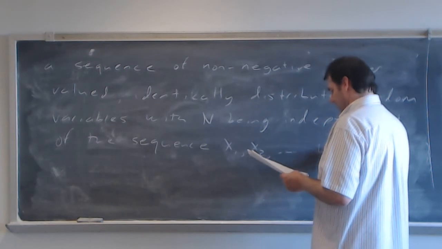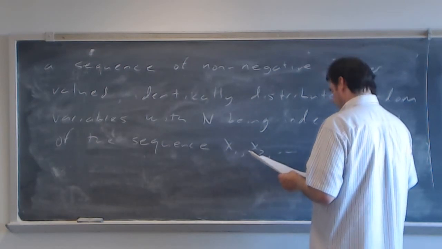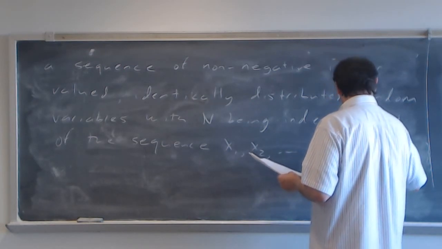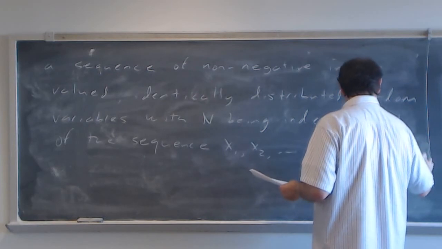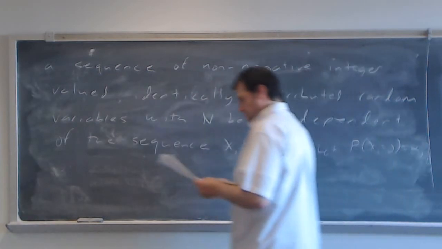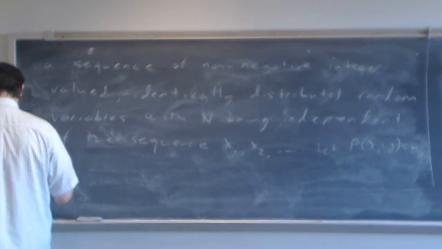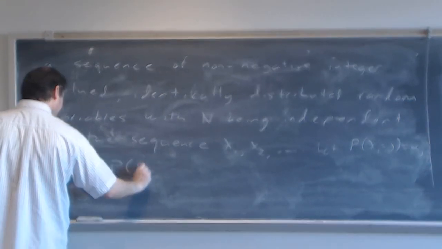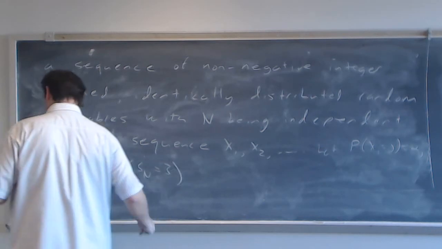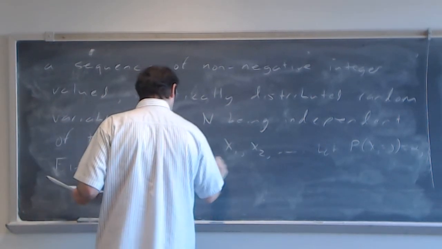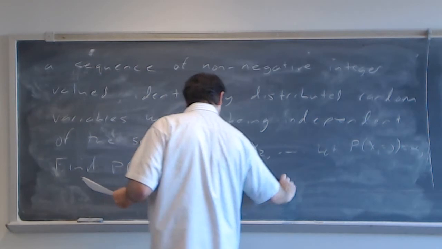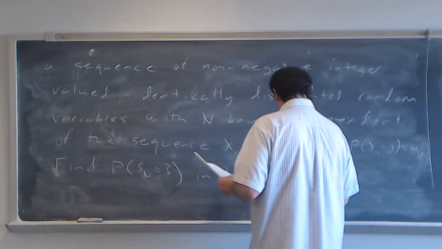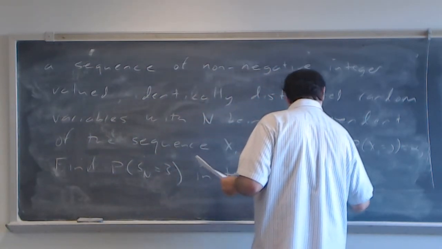And so here we let P of X of 1 equal to j be represented by alpha sub j. And so here's the question, the directions. Find the probability that S of n equals 3 in terms of alpha sub j, r, and p.